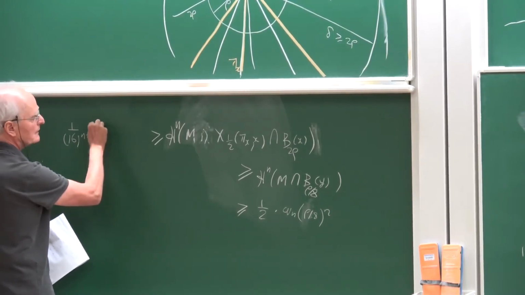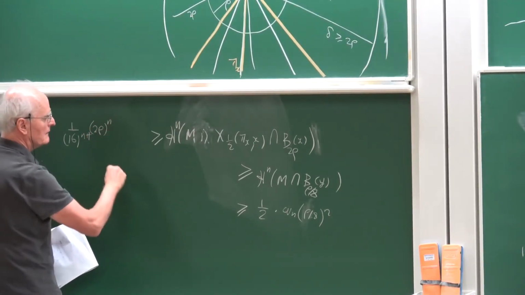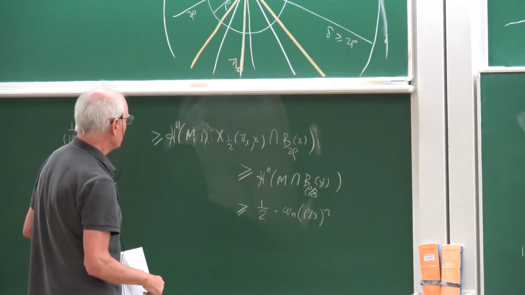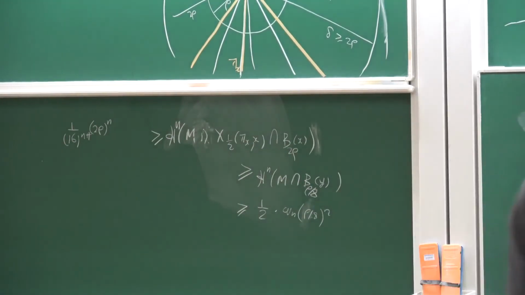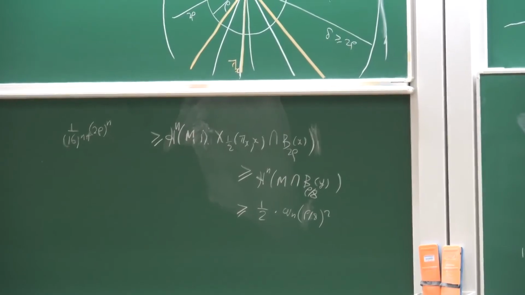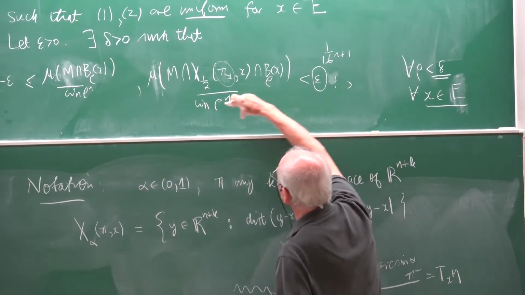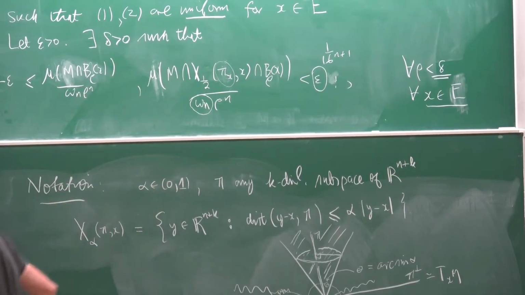I think I left off an ω_n here actually. I should have put an ω_n here, otherwise the inequality doesn't quite work out. So that's a typo, there should be an ω_n there.